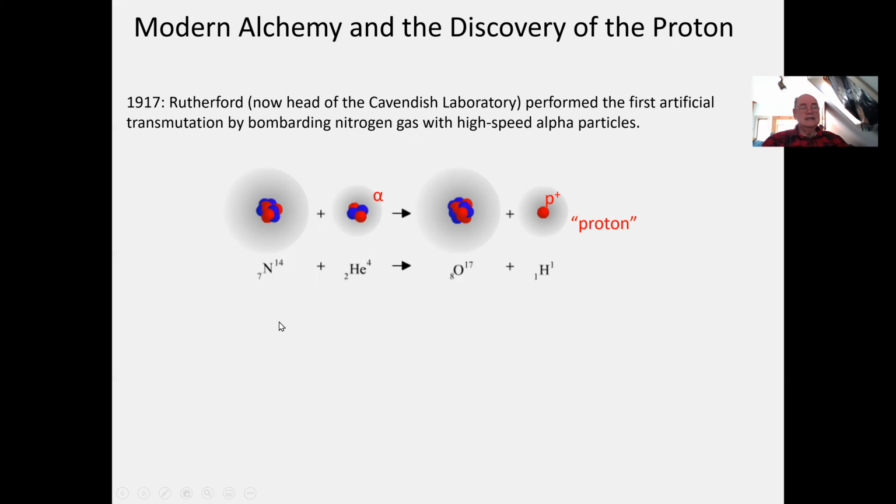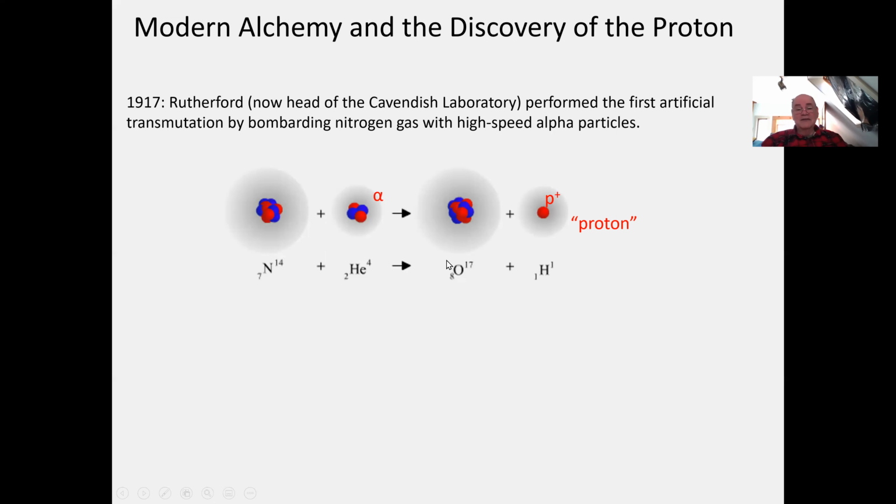Not on day one, it takes a while. But again, if you look at this balanced nuclear formula, the nitrogen is being knocked by the alpha particle, by the helium. The nitrogen is being transformed into oxygen. This is the first time an element is being artificially transformed by a human being in the lab.